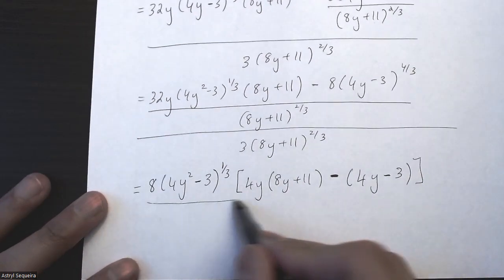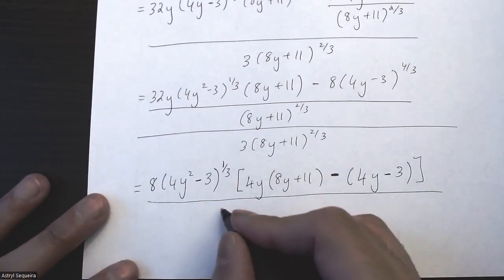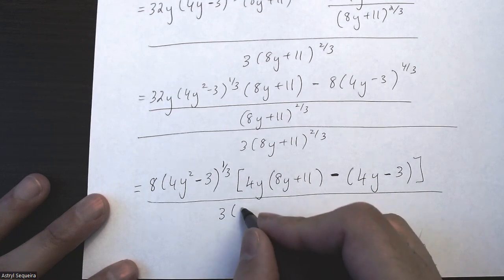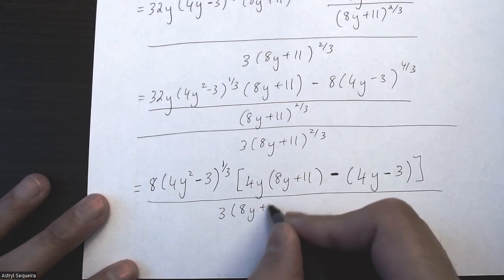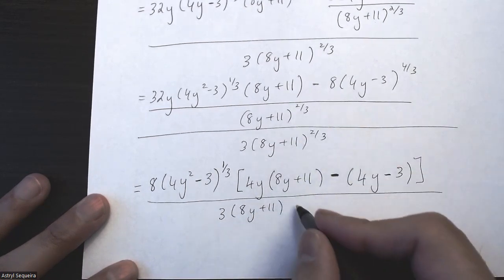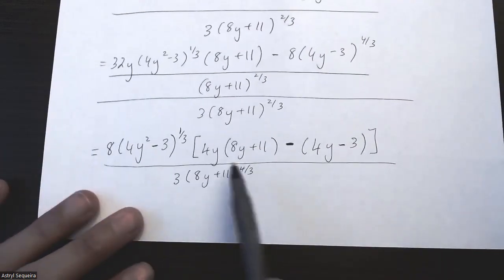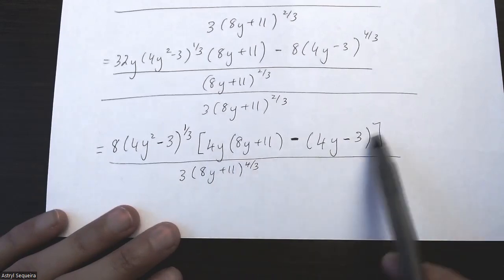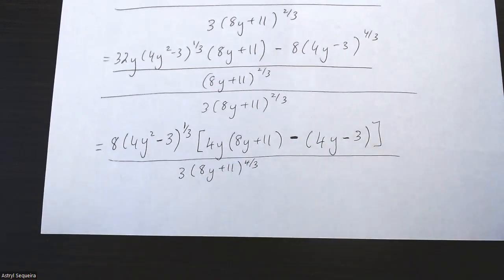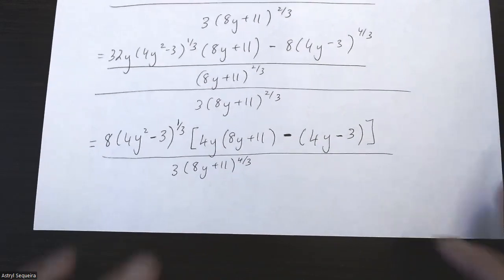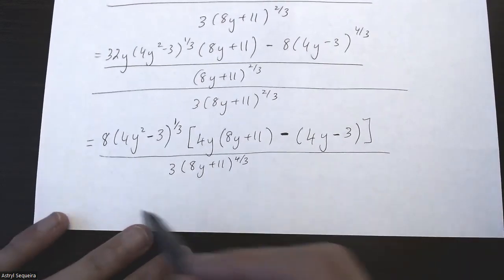And if I combine my two denominators, it just becomes 3 (8y plus 11). If I add these two exponents, it's just 4 over 3. The last step is just combining all the like terms inside the bracket over here. So I'm going to do that on the side and then just write my final answer.